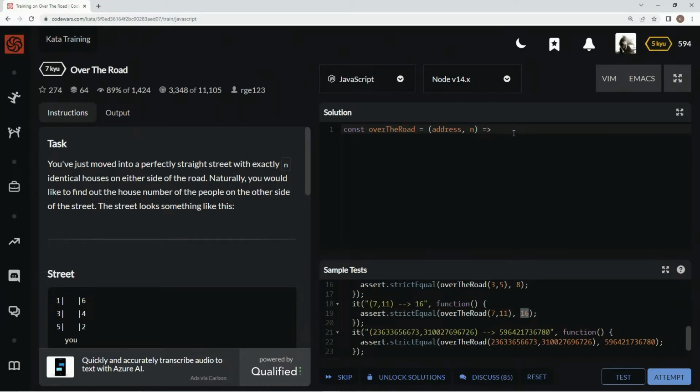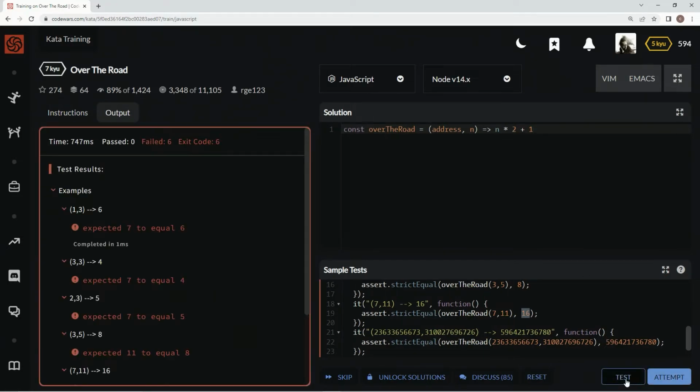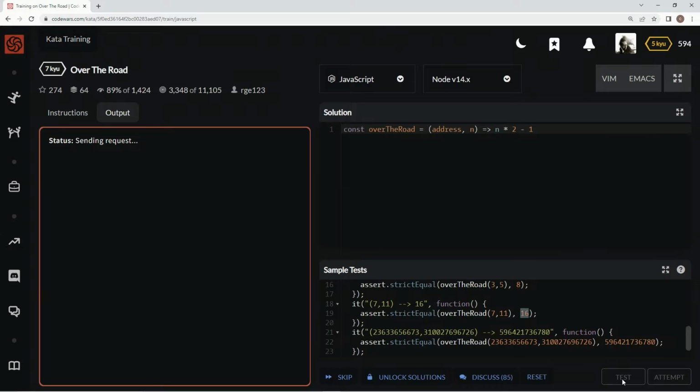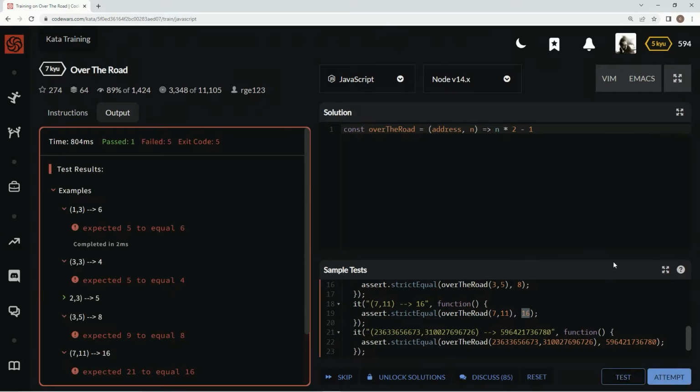So let's say n times 2 minus 1. No, excuse me, 1 less than what we wanted. So let's say plus 1. Let's test that out. Let's say minus 1 then. Test it out. Oh, that doesn't make sense either. n times 2.